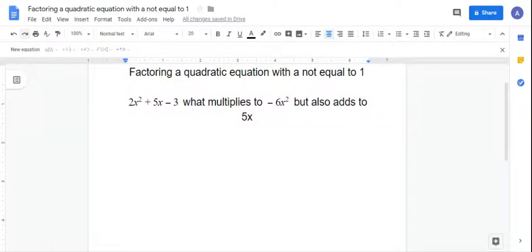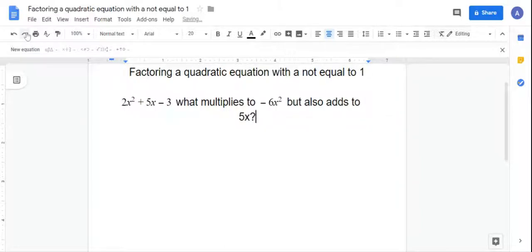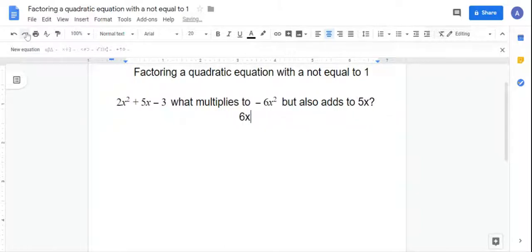I got the negative 6x squared by multiplying the a value, 2x squared, and the c value, negative 3. So the answer to that question is 6x and negative 1x. The next step is to rewrite it so that it flows a little nicely.